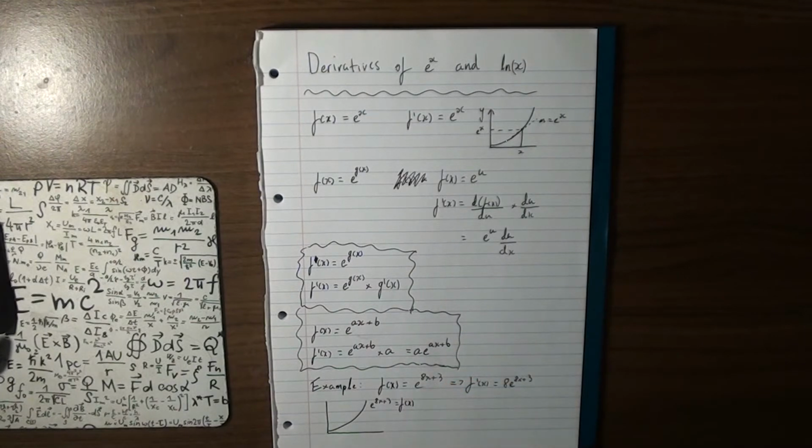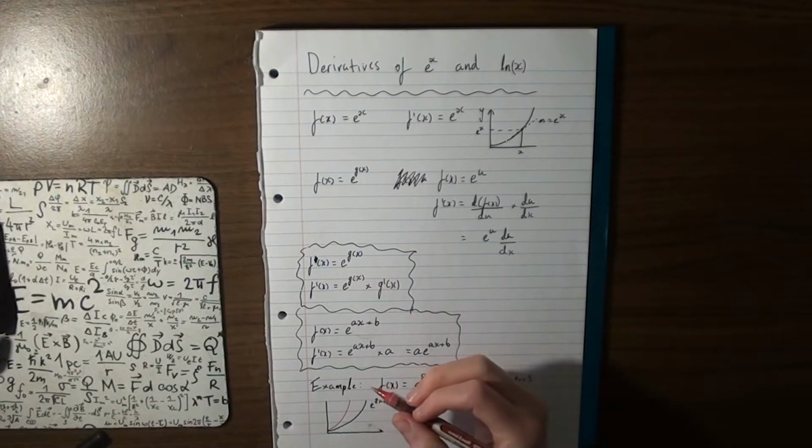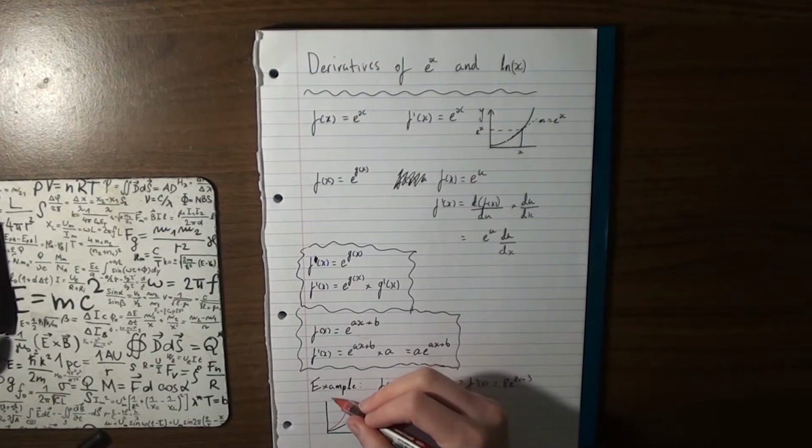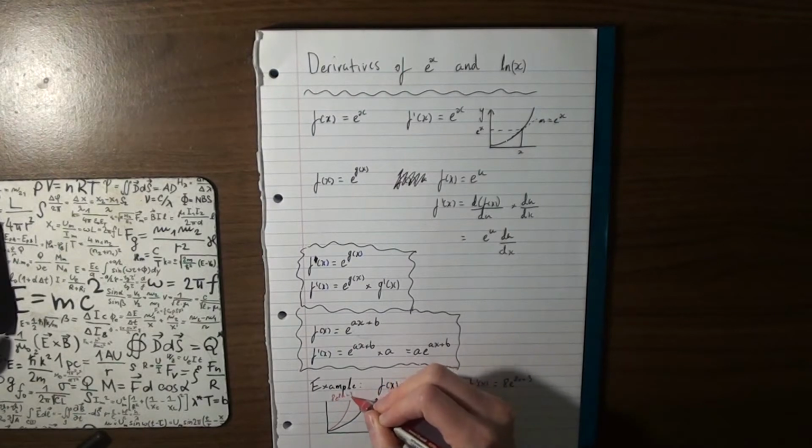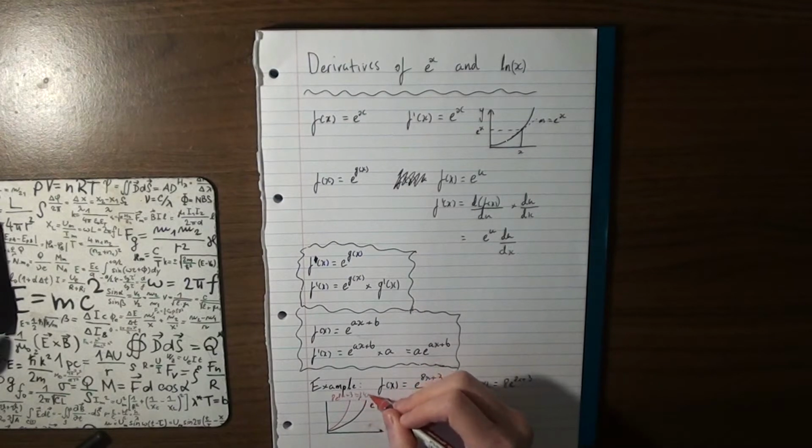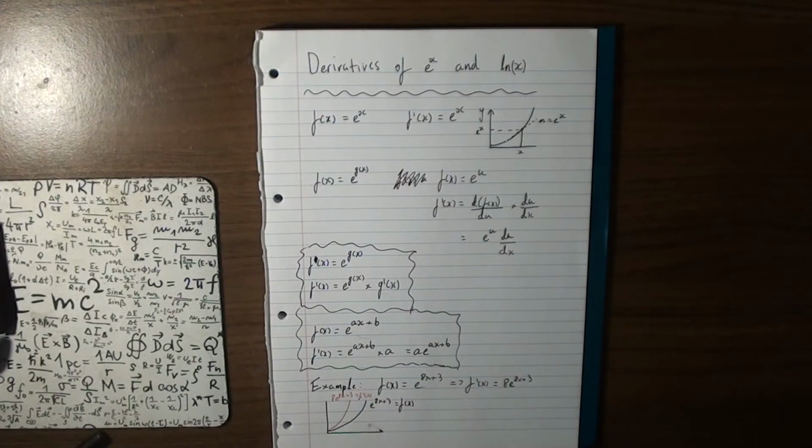I might run out of room here, so bear with me. Oops. And that would be a e to the ax plus 3 equals f dashed x. So all it does is change its shape.